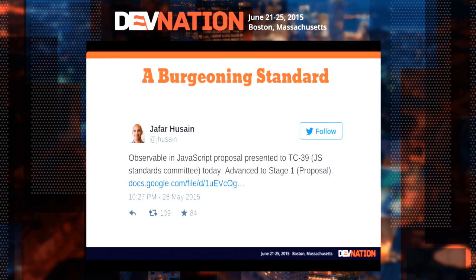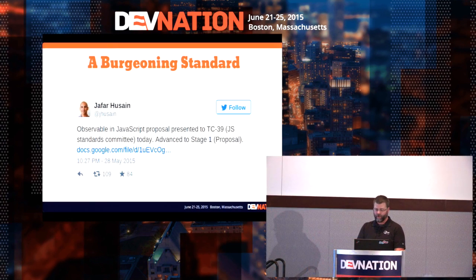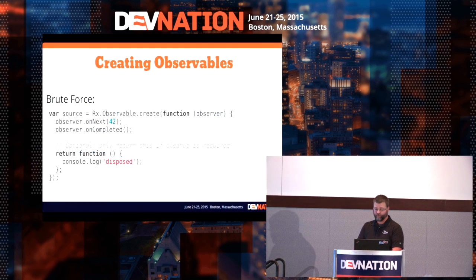The observable API has been submitted as a proposal to be included in JavaScript. So in the future, we can look to the observable API, or some future iteration of it, being available in JavaScript itself. So we can feel comfortable using it. That's my point here. So let's talk now about creating observables.